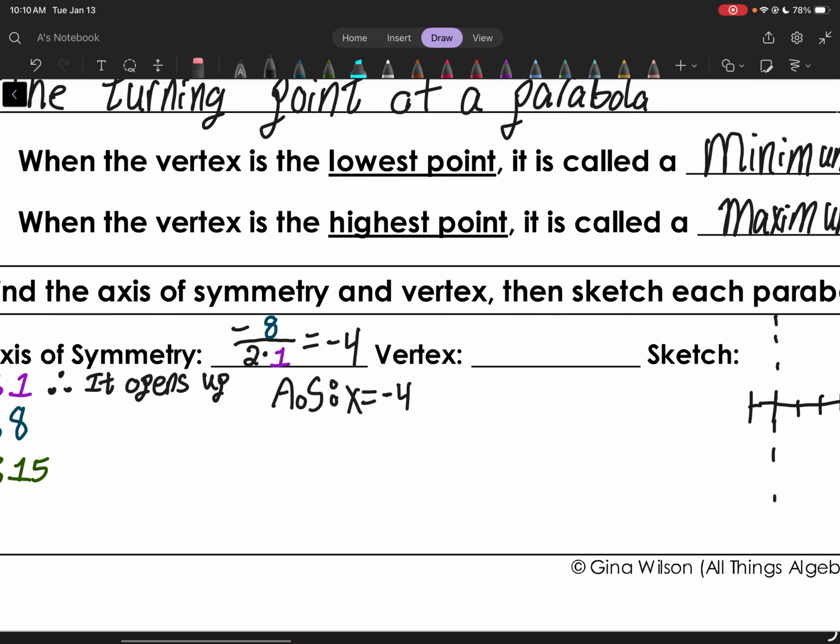To find my vertex, I'm going to plug in negative 4 for x. So my y value is going to be equal to negative 4 squared plus 8 times negative 4, plus 15.